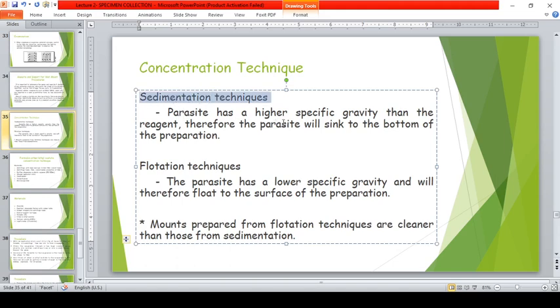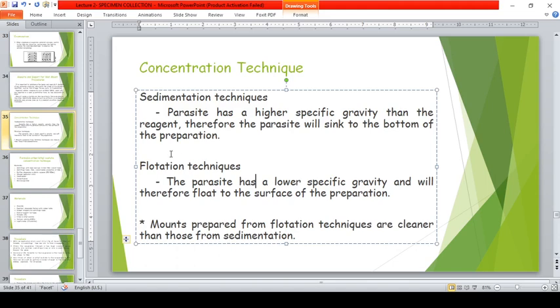The parasite has higher specific gravity than the reagent, so it sinks to the bottom of the preparation. But for the flotation technique, the parasite has lower specific gravity compared to the reagent, so it floats to the top. Mounts prepared from flotation techniques are cleaner than those from sedimentation techniques.